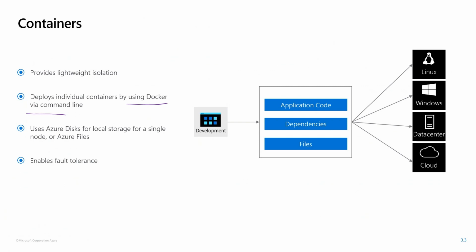You're also able to add persistent storage. Which of those types can you add? It might be a great idea to remember: Azure Disks or Azure Files, if you want to mount a mapped file share essentially from a storage account. We also get fault tolerance. So please understand some of the features, the benefits, and the differentiations between containers and virtual machines.